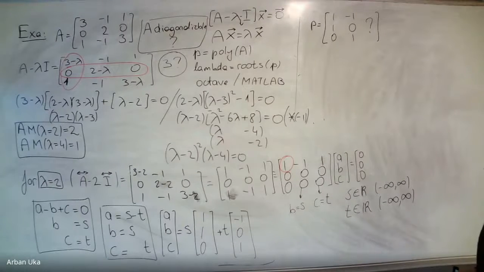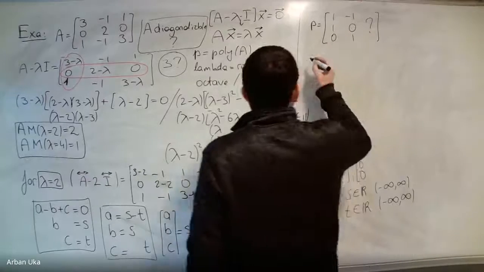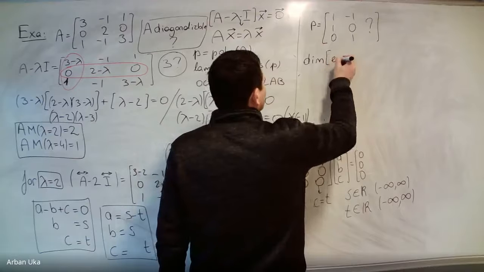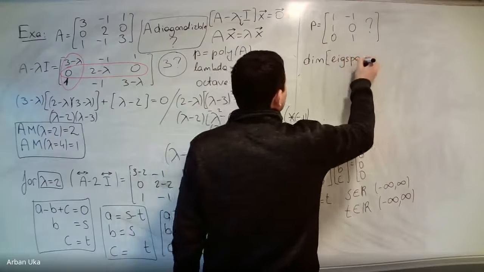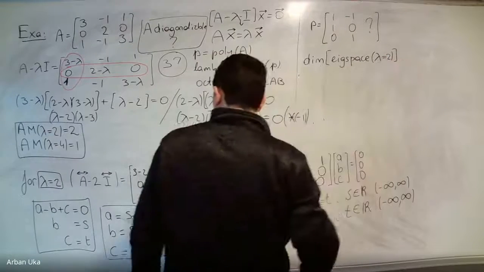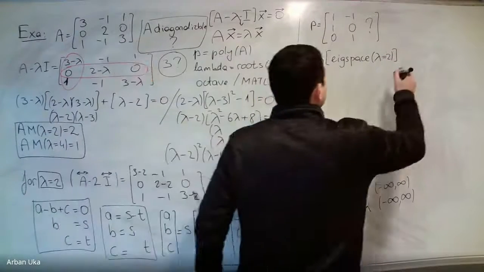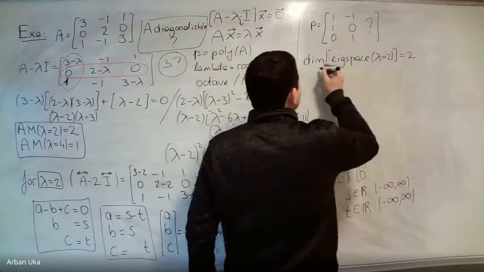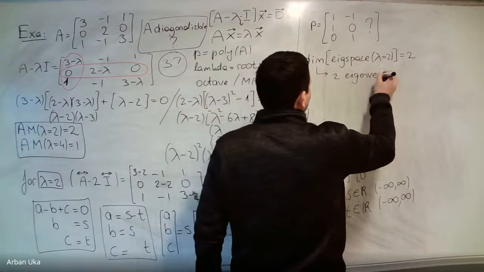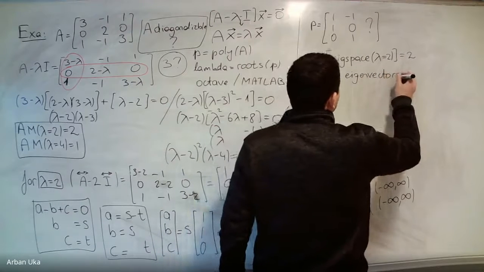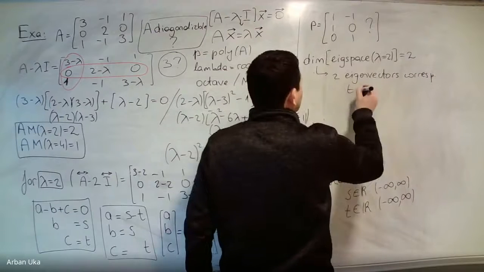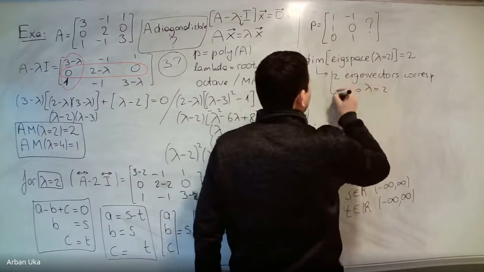But at this stage, we can say that the dimension, or dim, of the eigenspace of lambda equal to 2 is equal to 2, which means that we have two eigenvectors corresponding to lambda equal to 2.